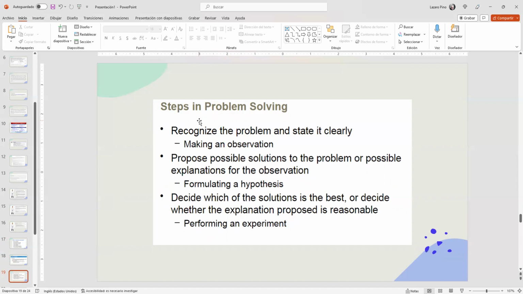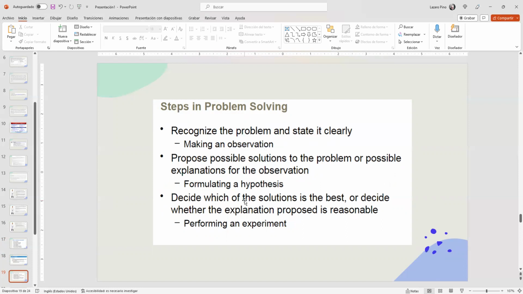It is very important when solving a chemical problem to recognize the problem and state it clearly, making an observation. Propose possible solutions to the problem or possible explanations for the observation. This is what we call a hypothesis.